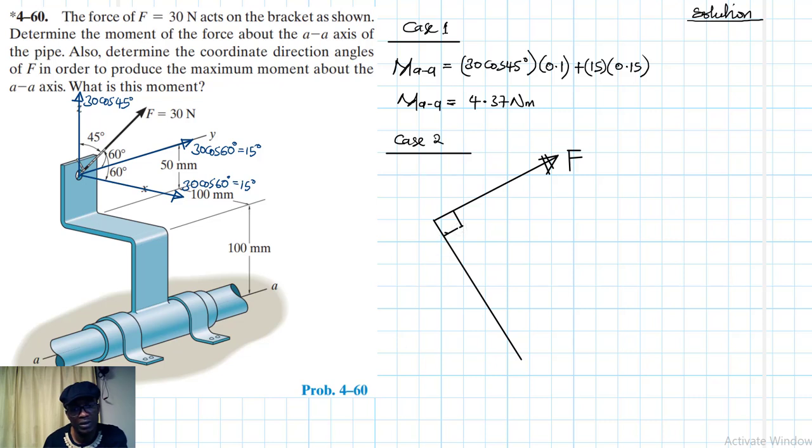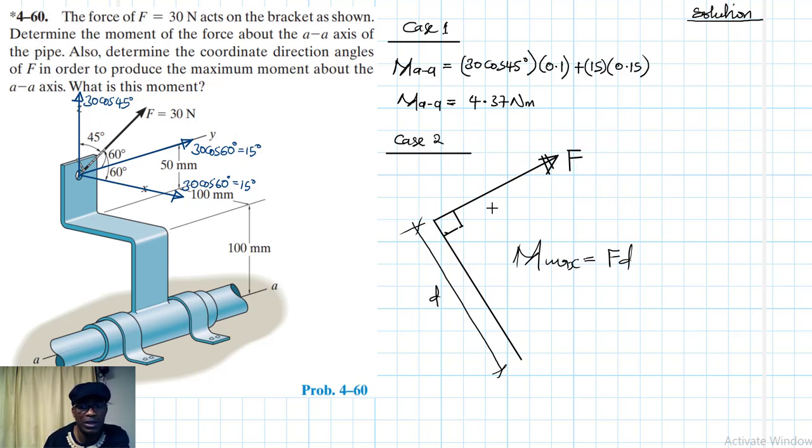Okay, and therefore the maximum moment, and this is our D, which will be our lever arm, right? And the maximum moment therefore will occur when F is perpendicular to D.